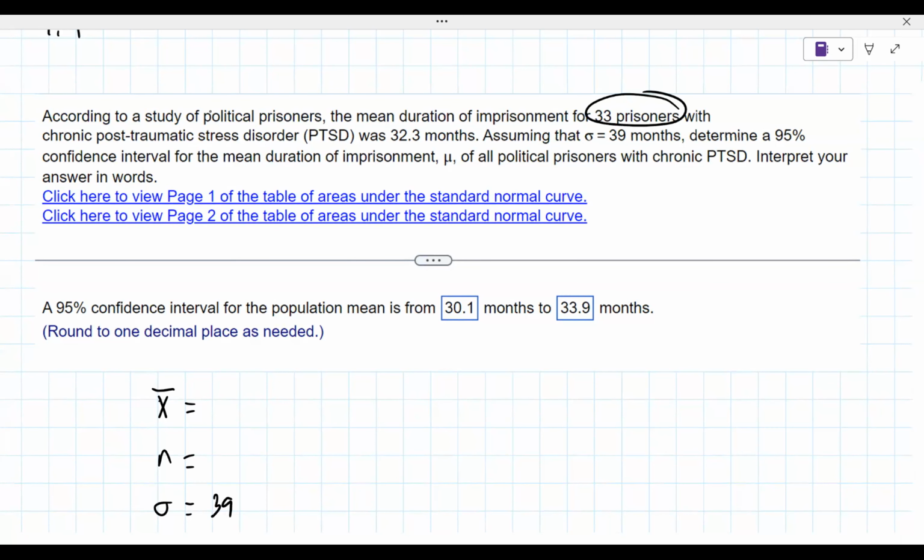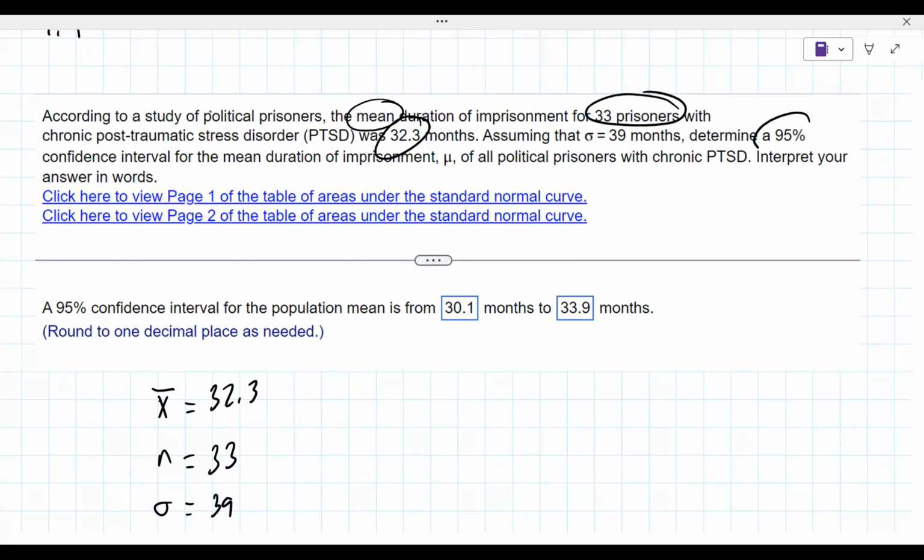Oh, okay, not the average. So N is 33. What does that mean X bar is? 32.3. Yes, and there's certain language you're looking for. They don't exactly say it, but the mean is 32.3.